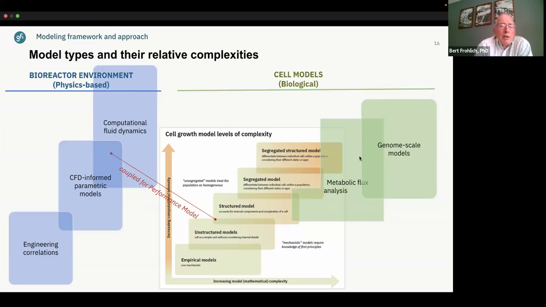But if you try to couple one of those with a CFD model, which are the boxes to the left, you'd have a very complex set of relationships and equations and probably would not be able to run that on a normal computer. Now that may change someday, but for the time being, what we want to do is couple something that's as simple as possible on the biological side with something that's manageable on the bioreactor environment side.